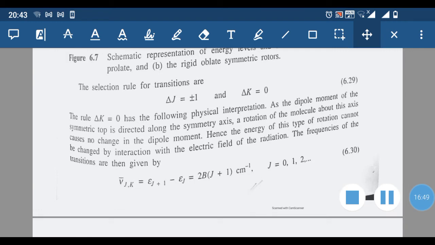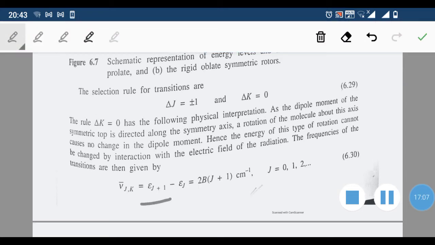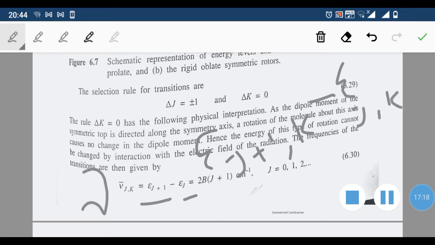Now based on these we can find out the expression for the energy, or we can calculate the frequencies. Suppose we calculate the frequency of the nearby possible transitions. So we can take the values epsilon J plus 1 to epsilon J. Actually it is from epsilon J plus 1 comma K to epsilon J K, that is a transition for a particular frequency.